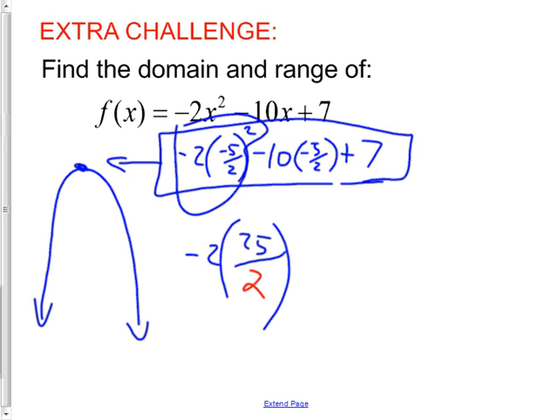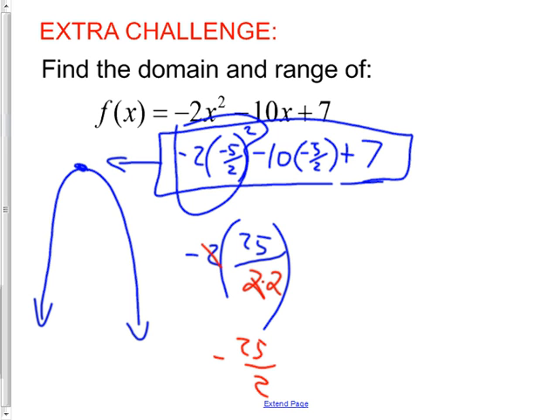Come on, 4 factors into 2 times 2. Okay, why did I do that? Now you can cancel. Good. Cancel, cancel. Now what do I have? And don't forget the negative.